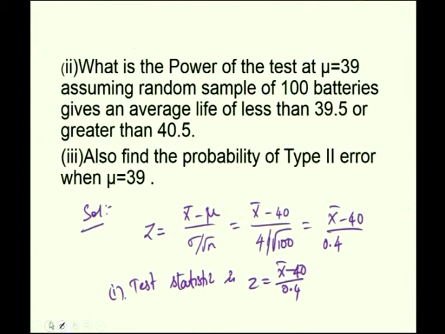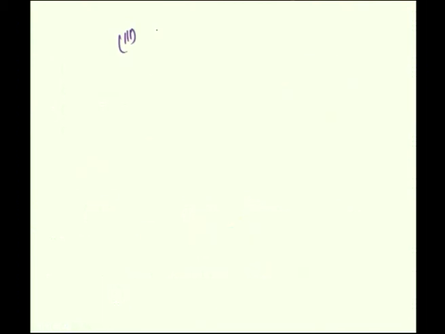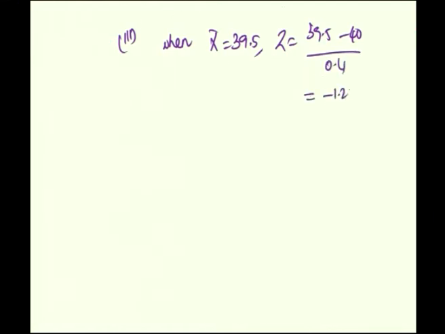What is the next question? What is the power of the test at mu is equal to 39, assuming a random sample of 100 batteries gives an average life of less than 39.5 or greater than 40.5? When the power of the test is found out, you can usually find out the probability of type 2 error. When x bar is equal to 39.5, your Z value is 39.5 minus 40 divided by 0.4, which is minus 1.25.